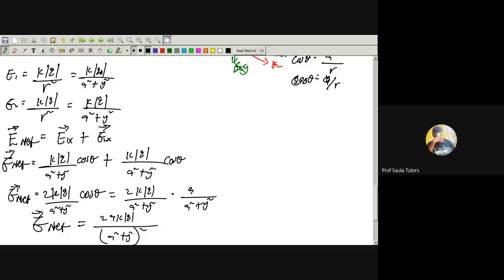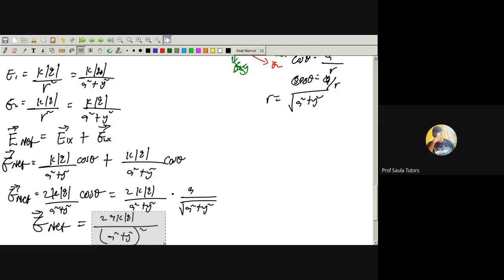Sorry. Wait, hold on. My R is equal to square root of a square plus y square. And what I'm having here is R square, that is square root of a square plus y square. Are we together? Yes.